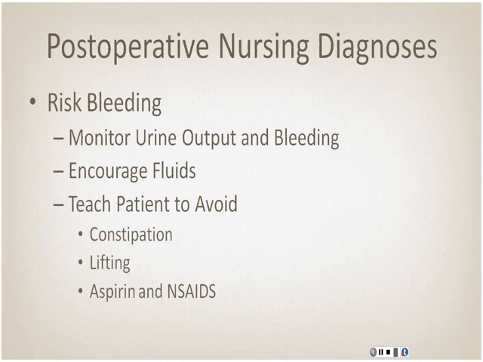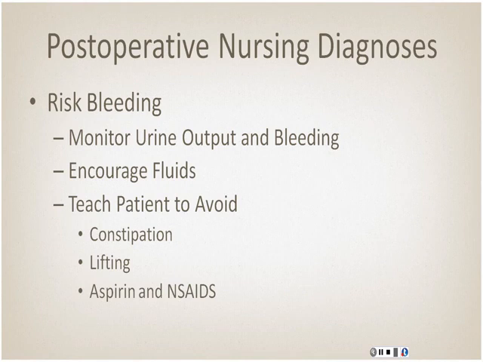Post-operative nursing diagnoses, certainly a risk for bleeding. We're going to monitor urine output and bleeding, and we need to carefully monitor any changes because this can help prevent major complications. We want to encourage fluids. Increasing urine flow can help flush the blood and the chips from the bladder.